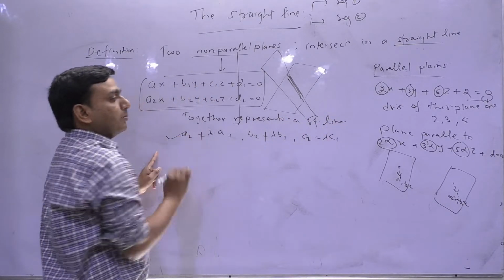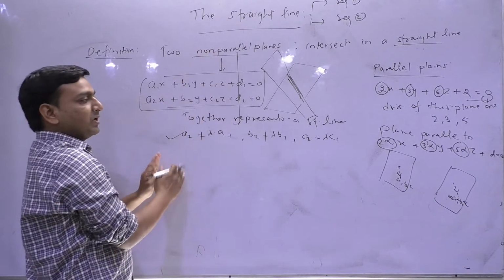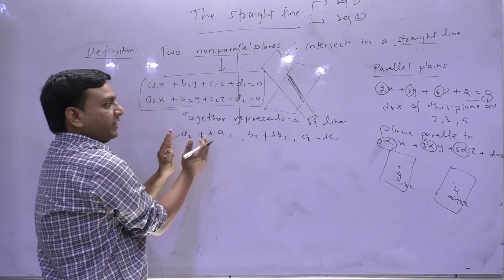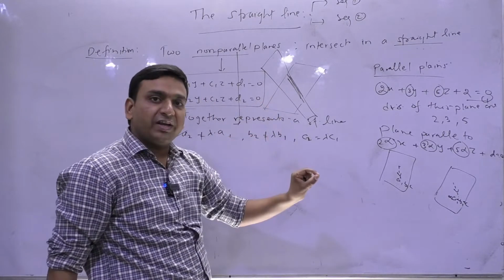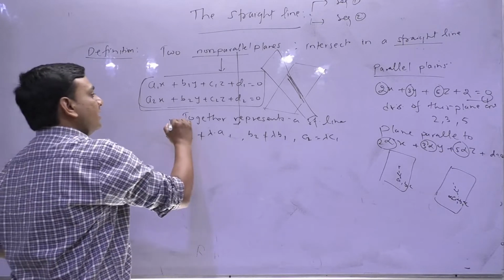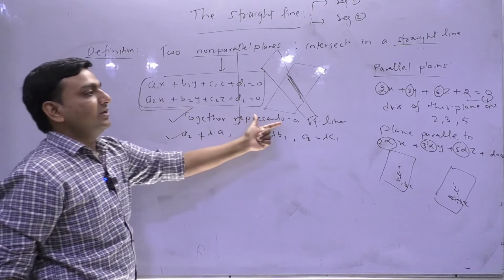If this happens, those planes are non-parallel and they intersect. If they intersect, we get a straight line. So what will be said? Two non-parallel planes intersect at a straight line.